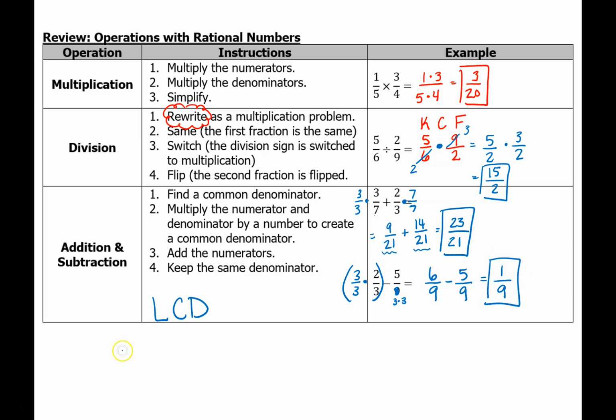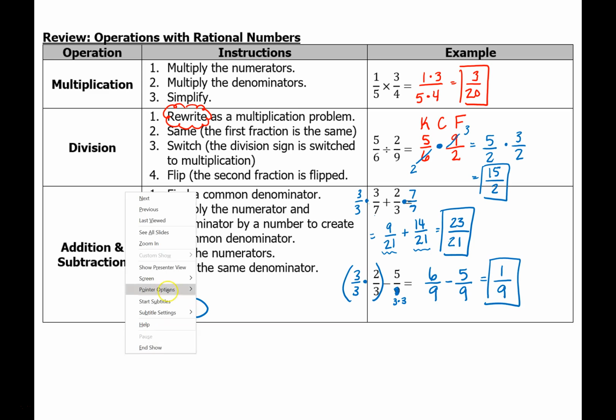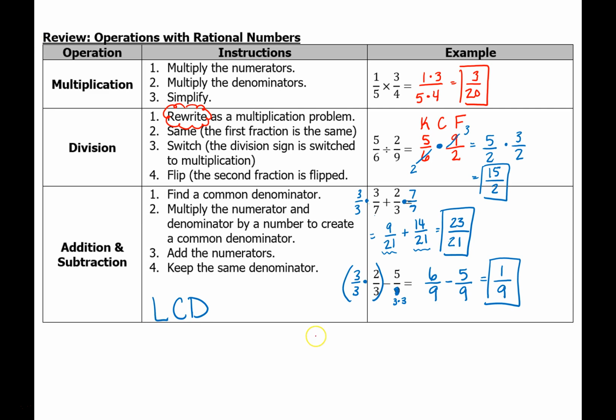If you opt to continue using that method on the first one where you just multiply by the other one, look at what's going to happen. If I do 2/3 minus 5/9 and I multiply by 9/9 on this side and 3/3 on this side, then I get 18/27 minus 15/27.